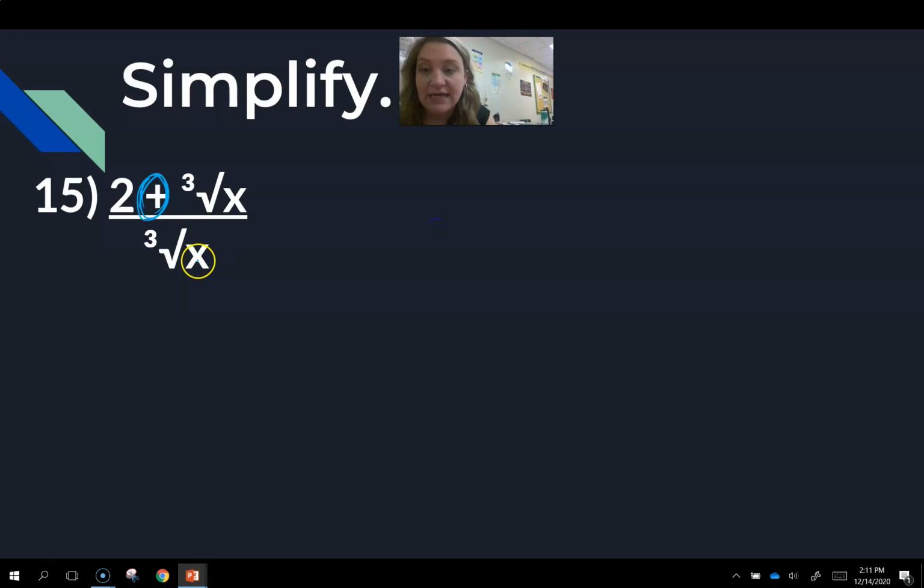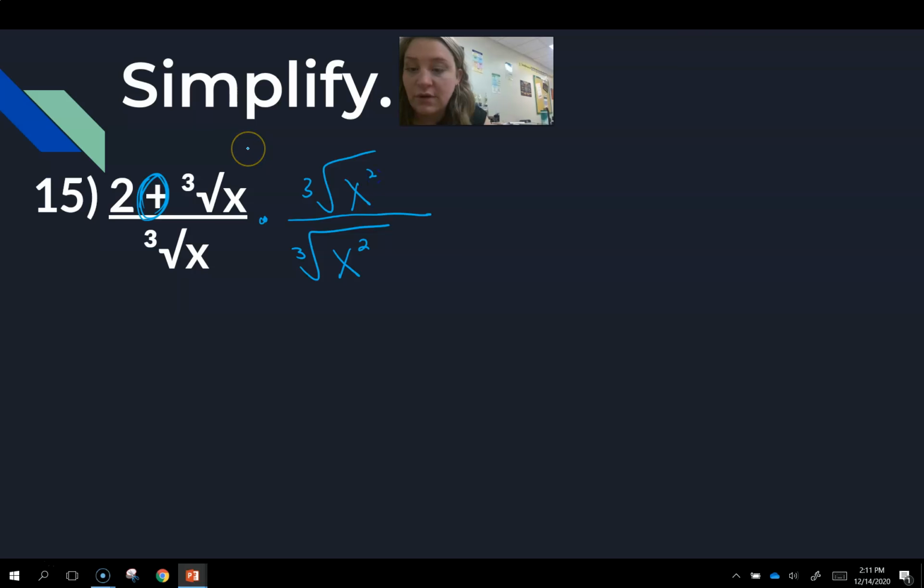All right? I am going to recognize, though, the bottom. I have a cube root of x, which we talked about last time. There's 1 x down there, so I need 2 more. I'm going to do that to both top and bottom.